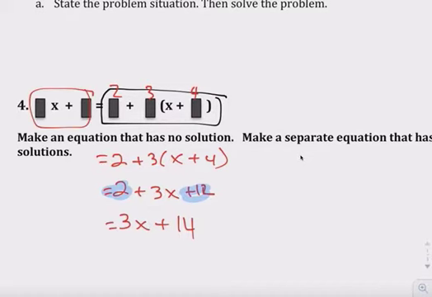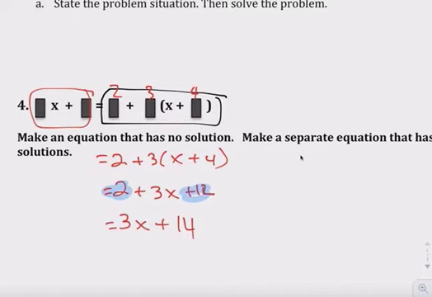Infinite solution, they're exactly alike. Let's say we decided to use a different number. 5, 6, 7. 5 plus 6x plus 7. 5 plus 6x plus 7 is 12 plus 6x. Okay, infinite solution, they're the same on both sides. It equals each other. Should say 12 equals 12 in the end.